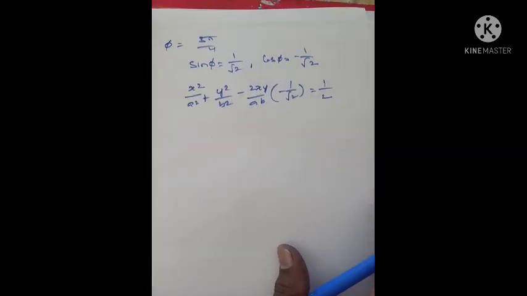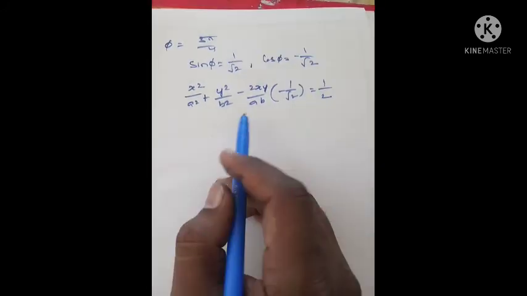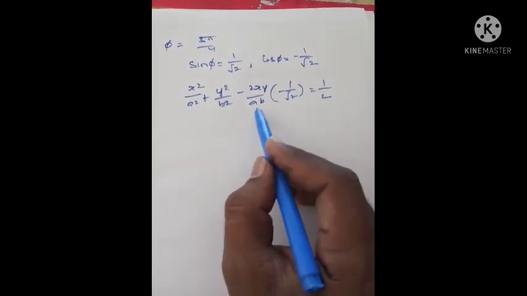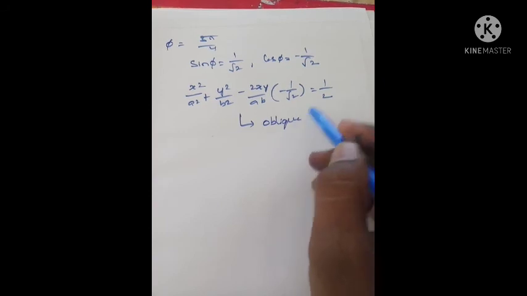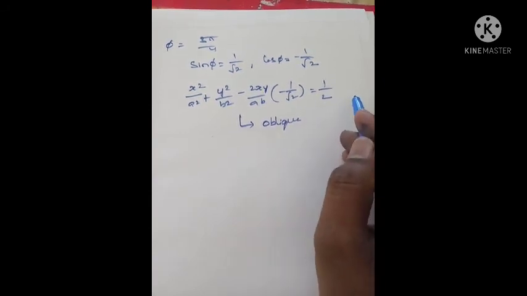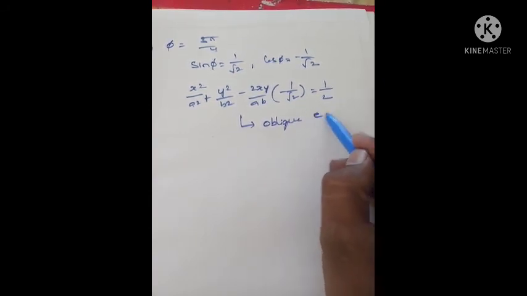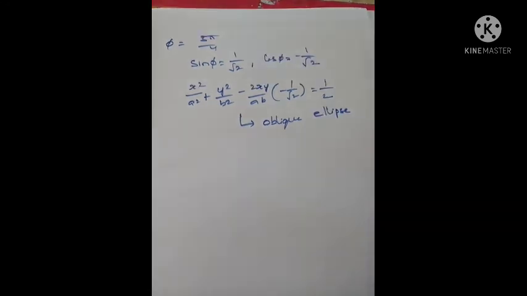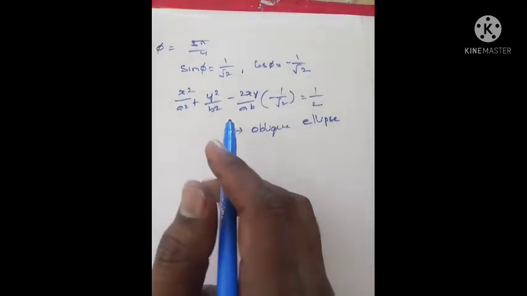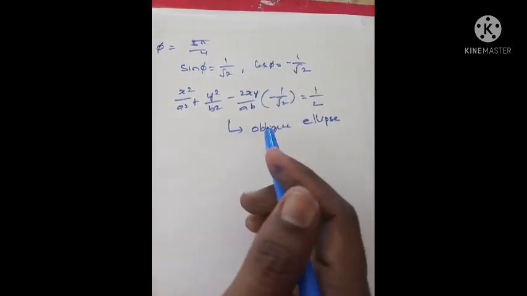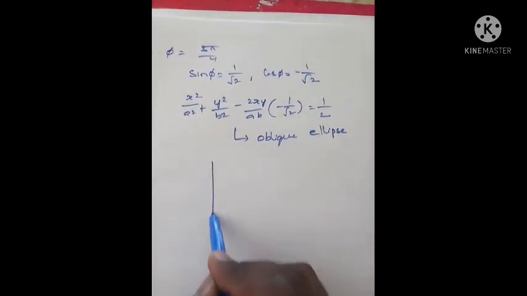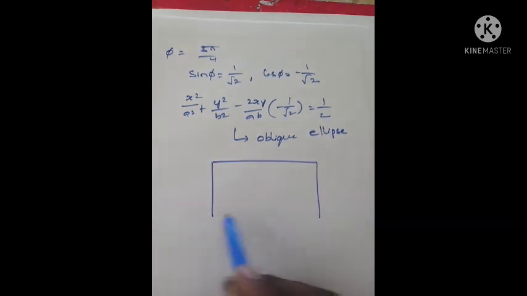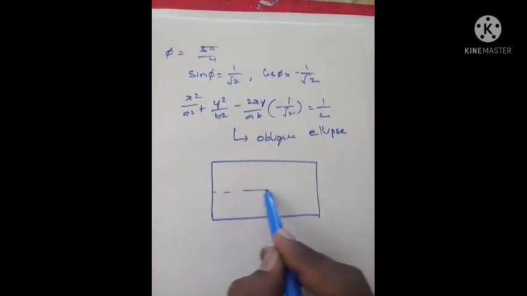Now see what it represents. This equation represents an oblique ellipse. That means the resultant vibration can be in the direction of an oblique ellipse. Now the picture can be like this. It is exactly opposite to the pi by 4 case. This is 3 pi by 4.